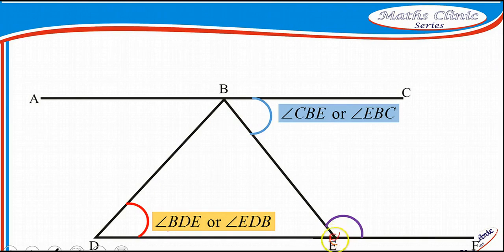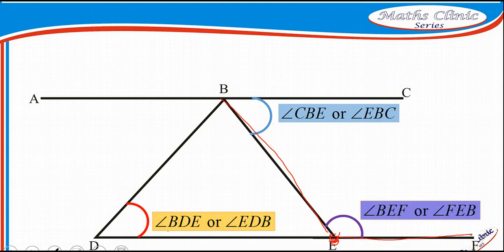And the two lines meet at the point E. So E must be in the middle of the naming. So the lines exist between B to E and then E to F. And so we'll call this angle BEF or FEB. Normally, we name angles in anti-clockwise direction, but for now, let's use the two sides.